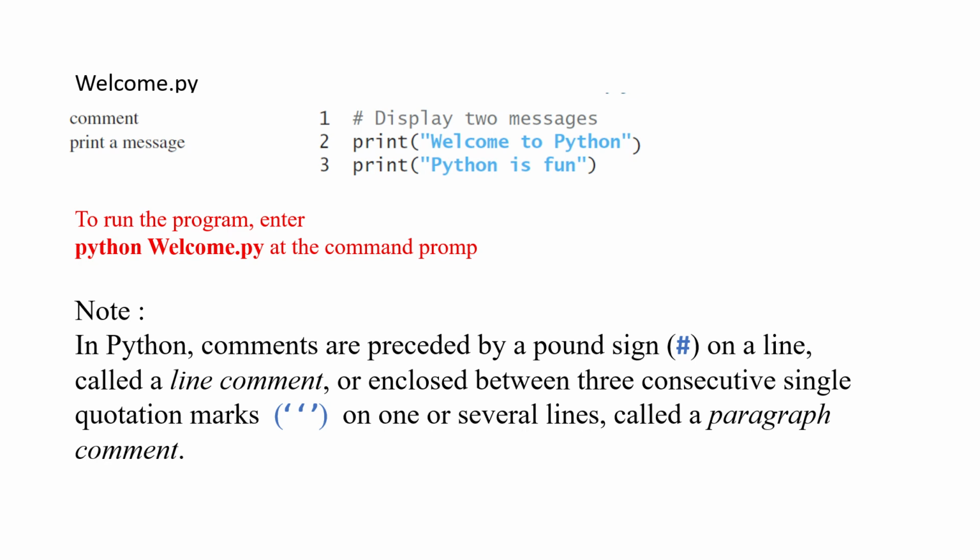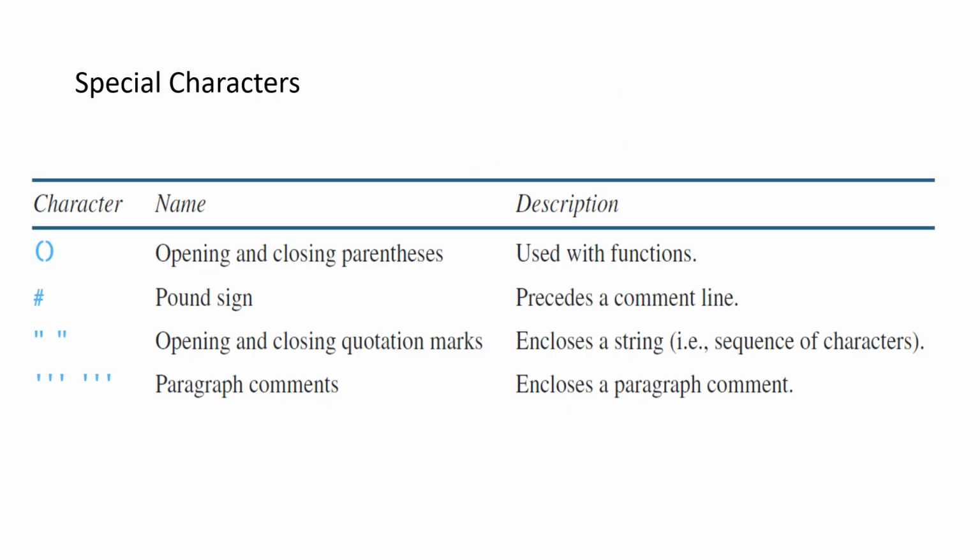The first line, that hash or pound, indicates a comment line, and in the following statements you can use consecutive three single quotes. It is also used for comments, for paragraphs and special characters, and opening and closing parentheses.